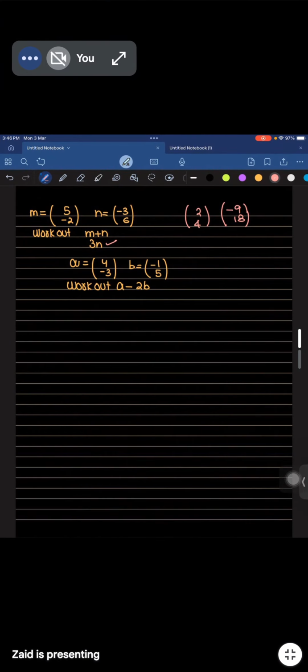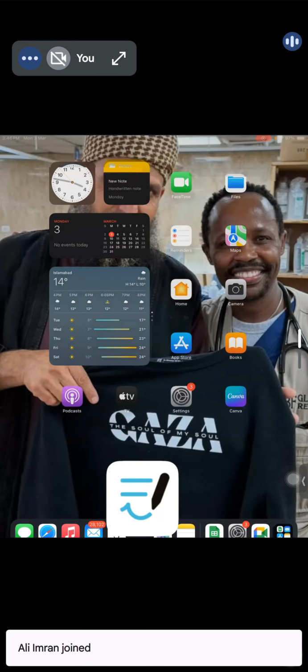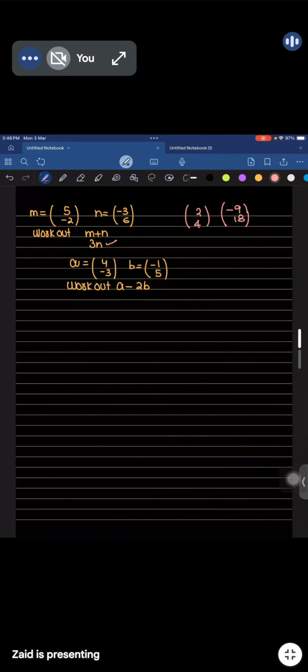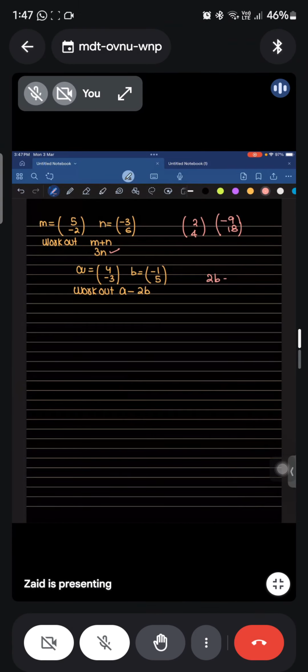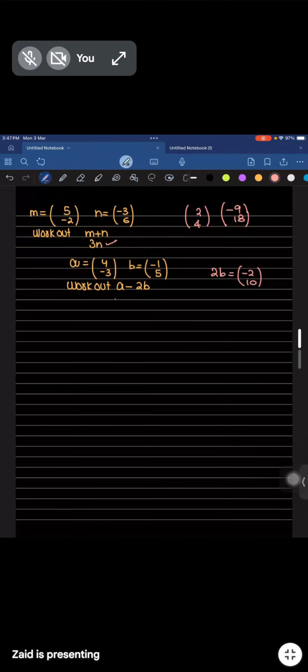Yes. First of all, you have to multiply all the members of b by 2. For a minus 2b, let us first find 2b. So 2b is going to be minus 2 and 10, isn't it? Then a minus 2b.